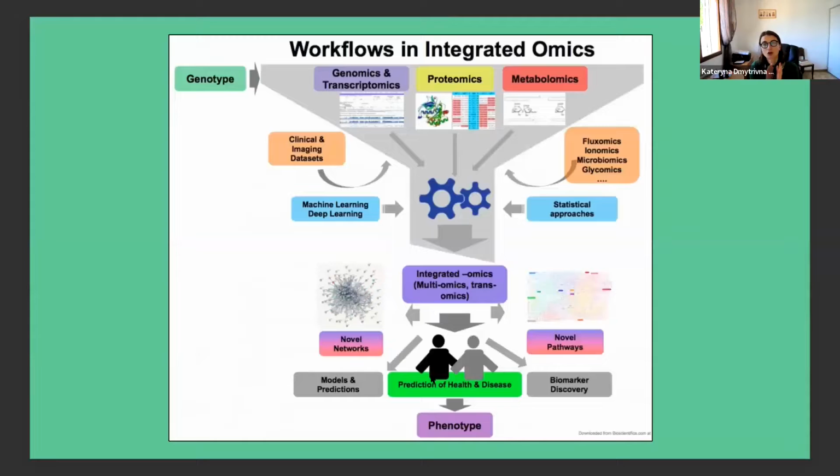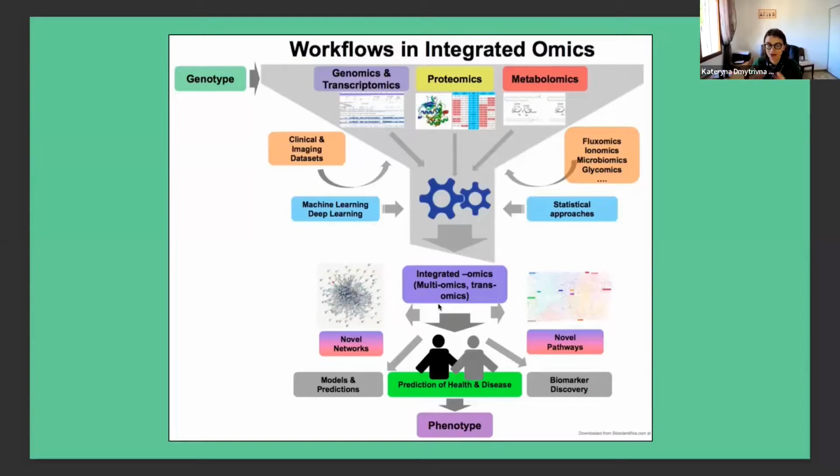Then after all of this data are collected, different types of omics data, these frequently very large and complex data sets undergo substantial analysis. And this is where we're using statistical approaches, machine learning approaches, deep learning, and we integrate the data from different types of omics into what we call multi-omics, transomics.